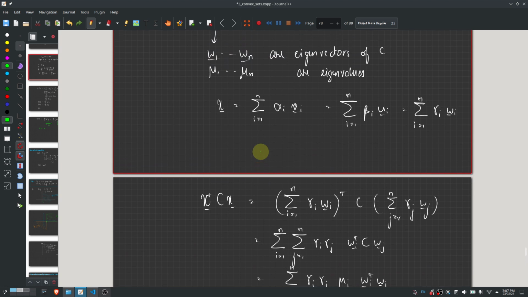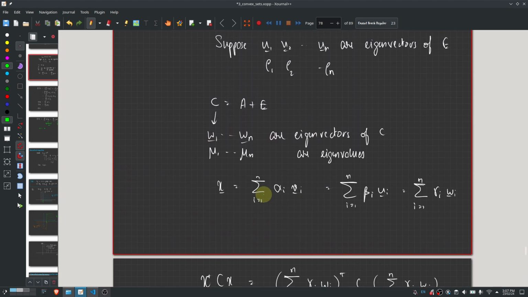So remember that x is equal to summation alpha i vi, summation beta i ui, and summation gamma i wi, where all these vi's and ui's and wi's are orthonormal bases. They're orthonormal, right? So what is the norm of x in terms of these coefficients? Correct. So the 2 norm square of x would be equal to summation alpha i square.